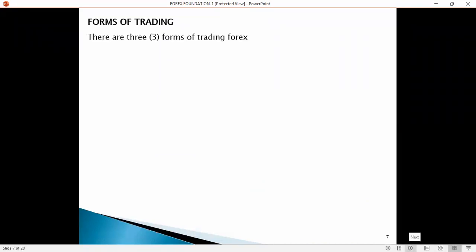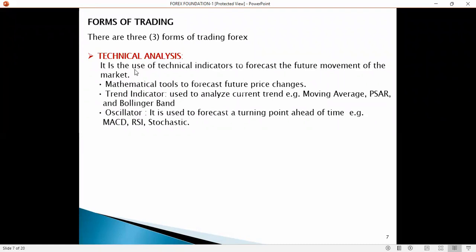There are three major forms of trading the Forex market. Now, the first one right here is technical analysis. What is technical analysis? This is it, guys.